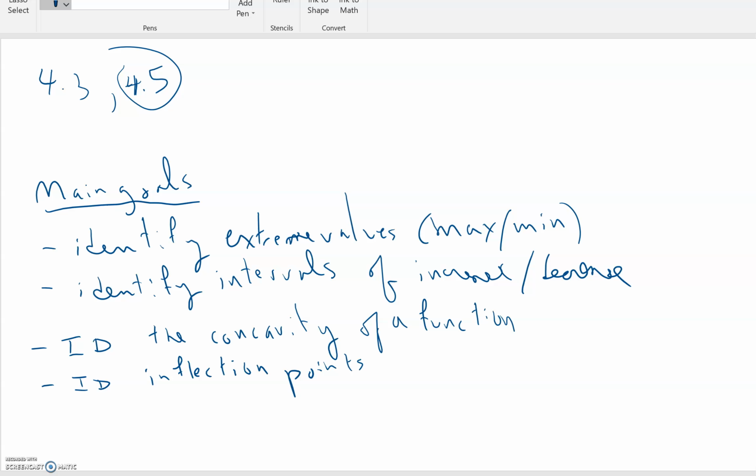And then we want to put all this together and be able to graph functions without the aid of a graphing calculator. When I say graph functions, there's a lot of things that go into that, but it's all this previous stuff.